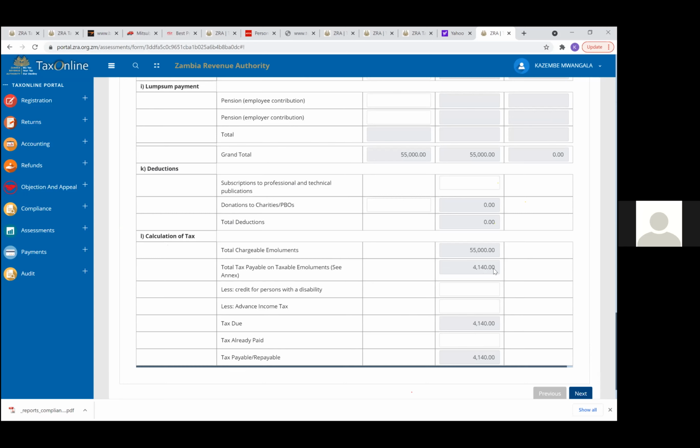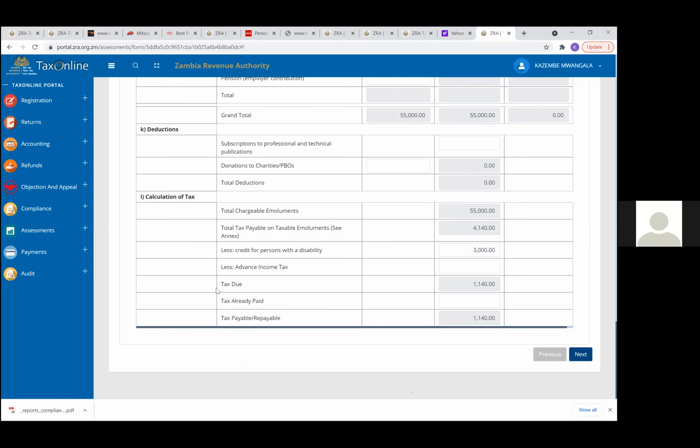So when we now give a credit for differently abled, which is here, credit for persons with a disability, which is 3,000, you realize that the 55,000 remains as it is, but the tax due changes. Now, we need to introduce tax that has already been paid as per payslip so that we come up with a refund that is to be repaid to the individual.